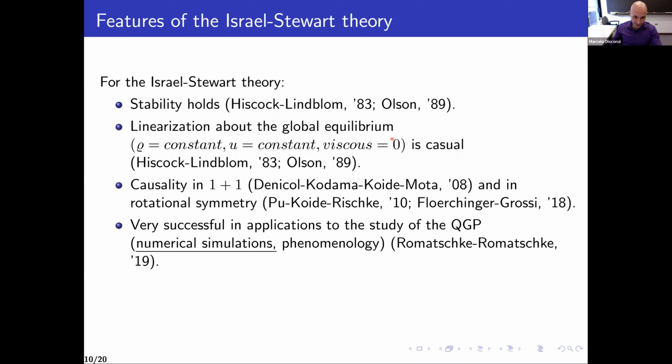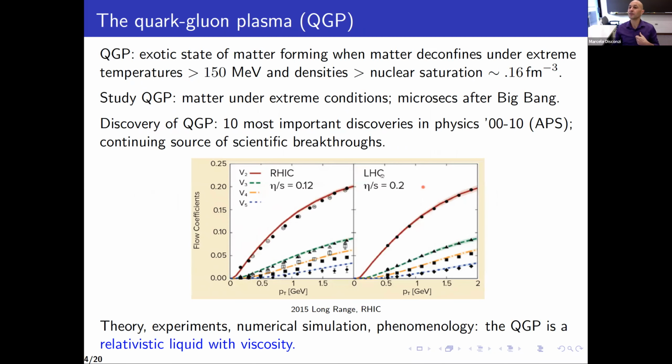And last but not least, this theory has been very successful in applications to the study of the quark-gluon plasma. So if you go back to those numerical simulations that I told you about, the theoretical curves here are produced using numerical simulations of the Israel-Stewart theory. Okay, so this theory has some good physics in it.